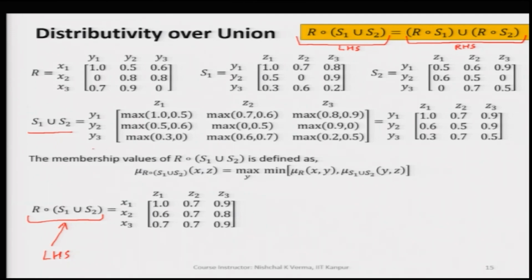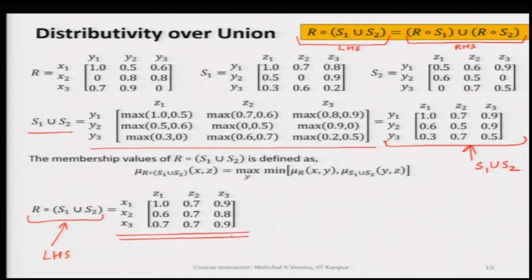When we do this exercise, we get this matrix, which is S1 union S2. Then when we take the composition of R and the union of S1 and S2, we get this as the outcome. This is nothing but the LHS part.